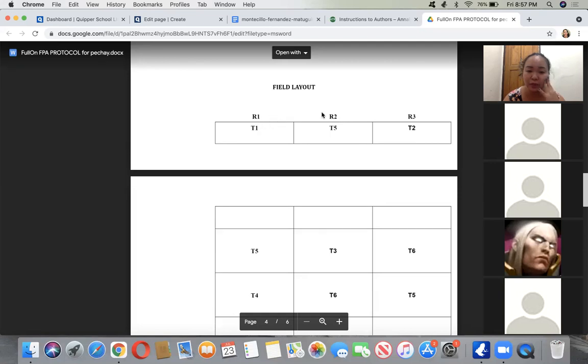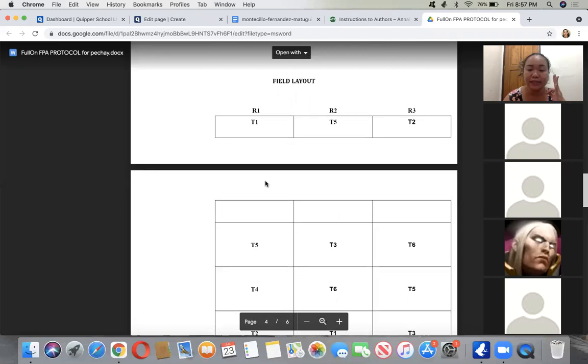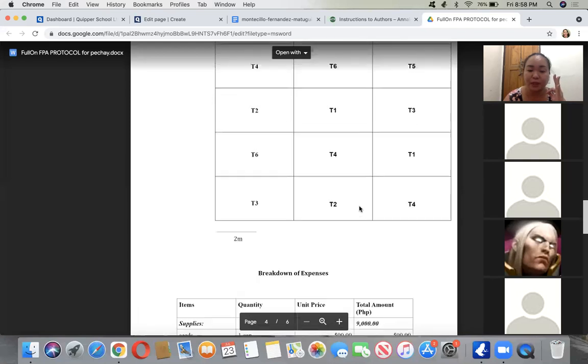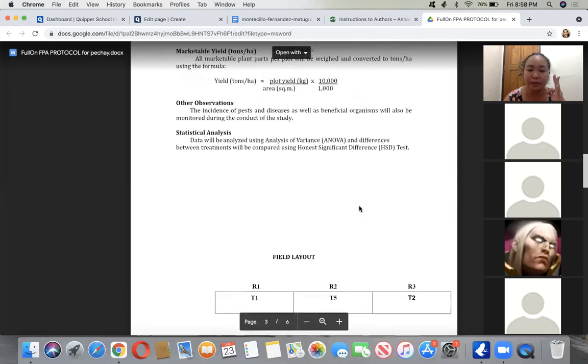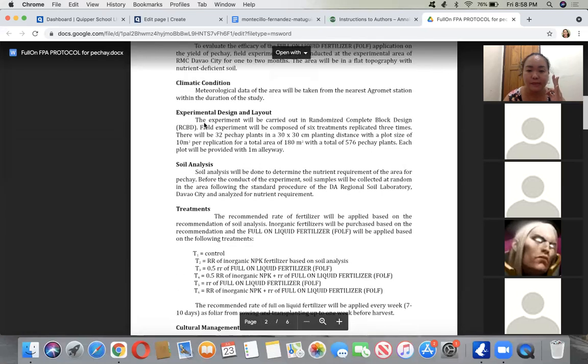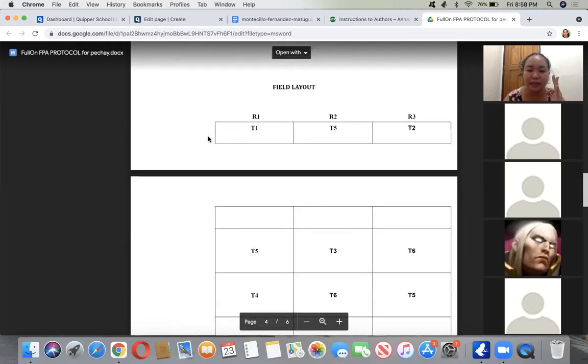So ito yung replication 1, replication 2, and replication 3, kasi may tatlo tayong replication at meron tayong 6 na treatments. So since randomized siya sa replication 1 lahat, imagine ito yung field mo. 180 square meter. And then itong isang plot na ito ay 10 square meter, yan ang laki.